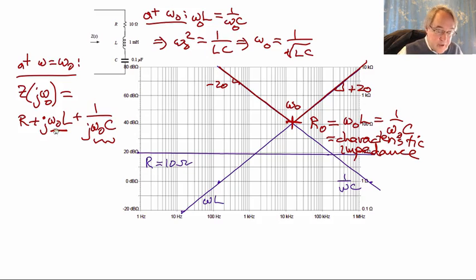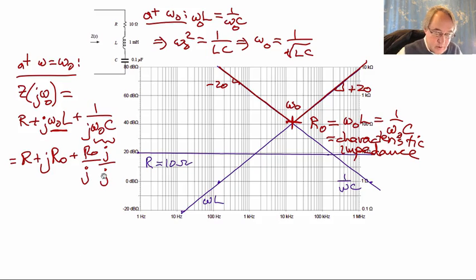So at the corner frequency, the inductor has impedance jR naught. Likewise, the capacitor has a magnitude of R naught, and then it's divided by j because it's a capacitor. So we get plus R naught divided by j. Now you can simplify the 1 over j factor by multiplying top and bottom by j, the square root of minus 1.